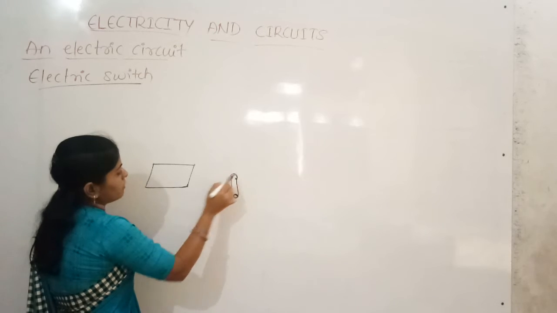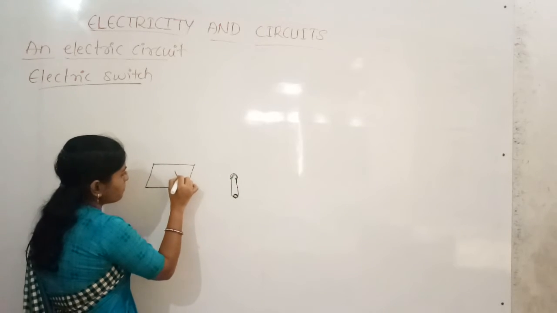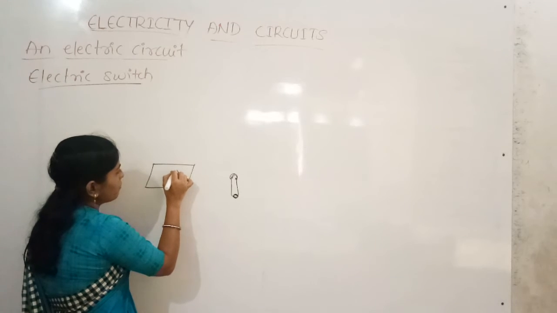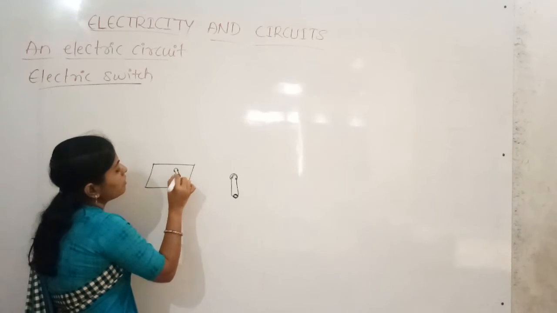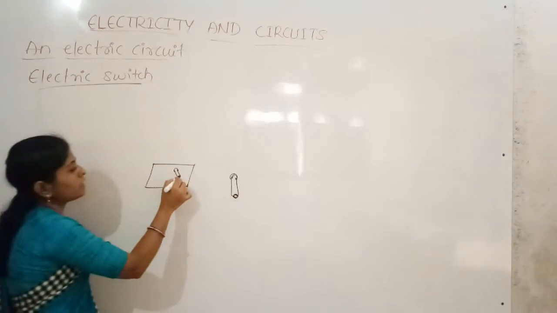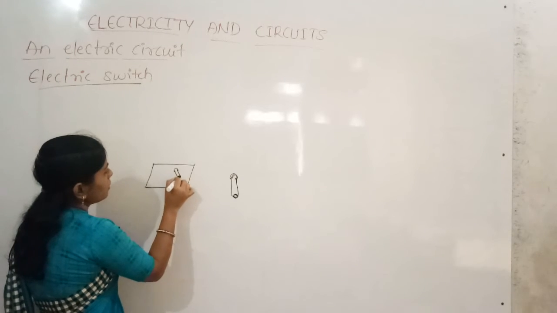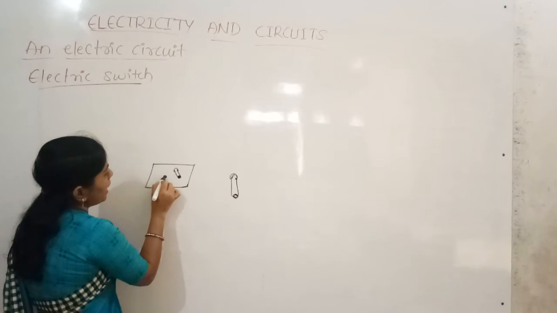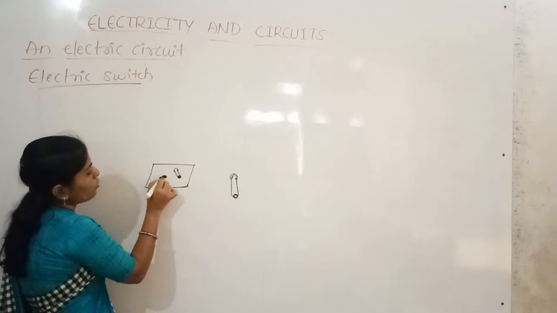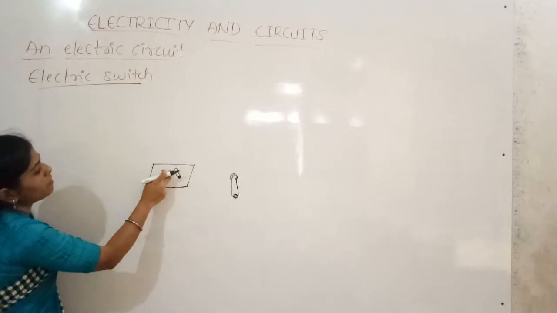To this ring, you place the safety pin here, and then you insert the drawing pin in this ring. Just insert the drawing pin here, and 1 more drawing pin you have to insert here in such a manner that this safety pin can touch this.